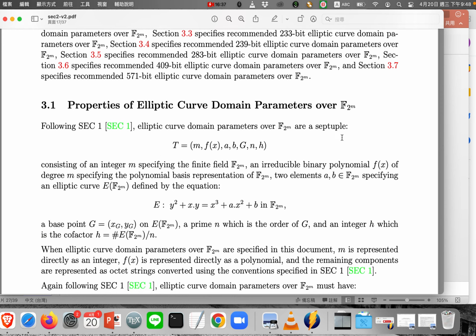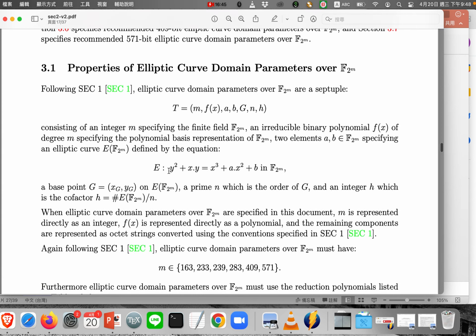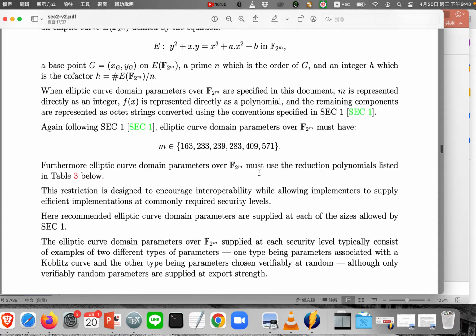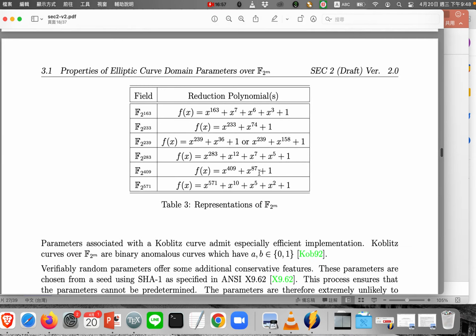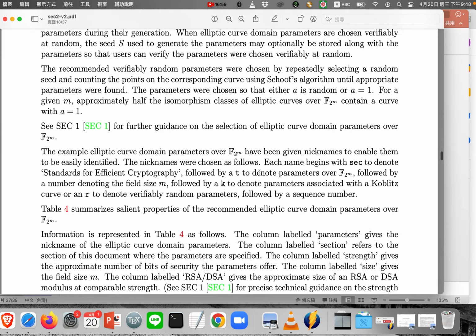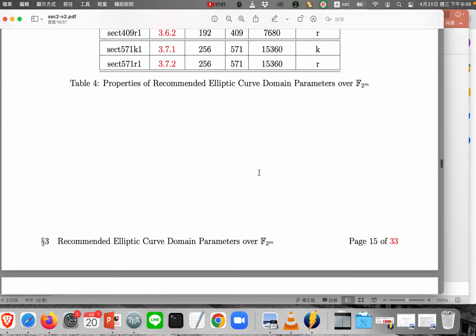A septuple, 7 parameters. Let's take an elliptic curve, for example, the elliptic curve of non-zero J invariant. So we need an a and b, right? So this is the elliptic curve over a binary field with non-zero J invariant.